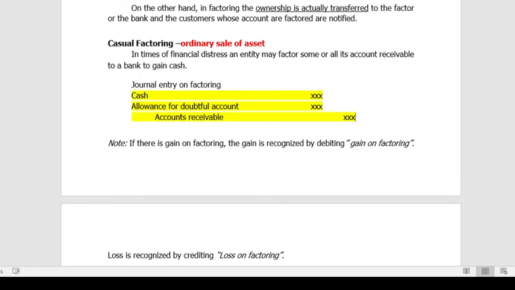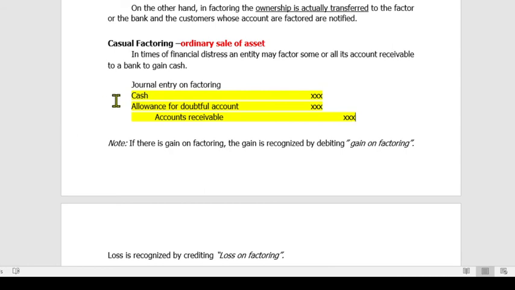So, there are cases na merong loss or gain on the factoring kasi pwede na yung proceeds ng sale on factoring is greater than the carrying amount, greater than the book value of the receivables, or pwede rin that the proceeds is less than the book value of your accounts receivable. So nagkakaroon ng gain on factoring at loss on factoring.